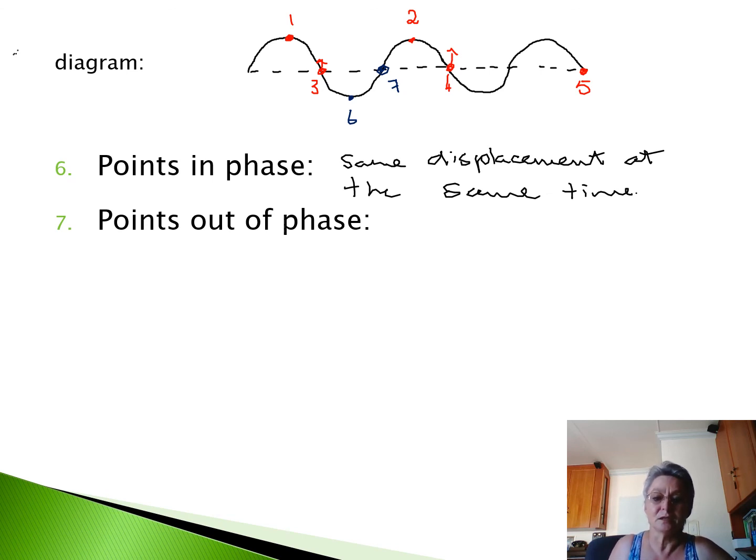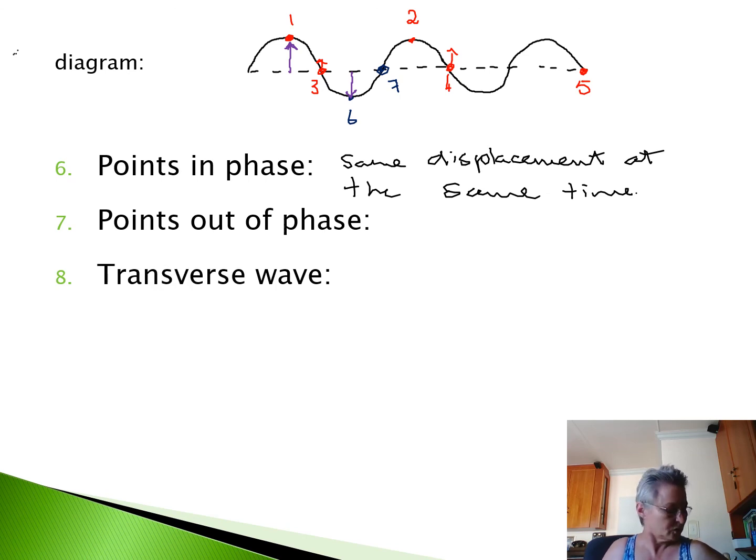Point 1 has moved to the maximum position, maximum disturbance amplitude. Point 6 has moved in the opposite direction to the maximum, so it's got a negative amplitude. So if point 1 on the wave and point 6 on the wave would coincide, they would cancel each other out. The disturbance will be 0.